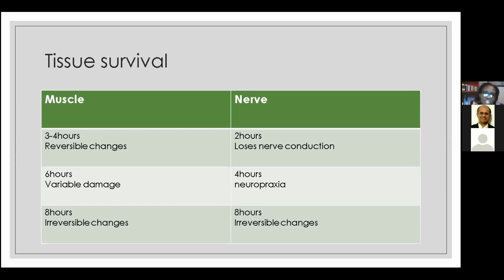So within 2 to 4 hours you can have reversible changes. But any time after 8 hours, that's where you find necrosis and nerve damage, which is irreversible.